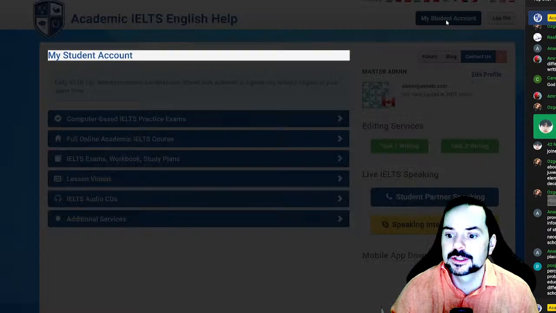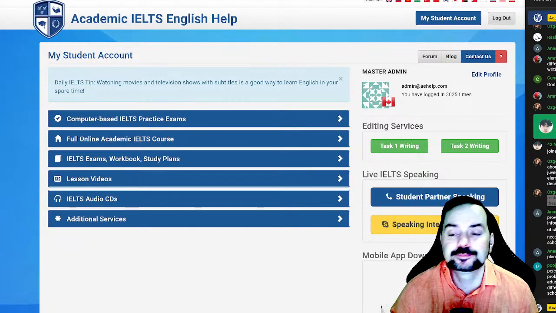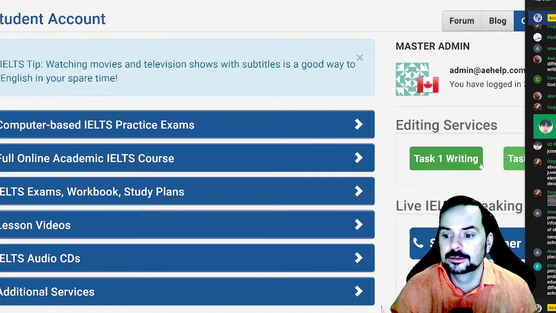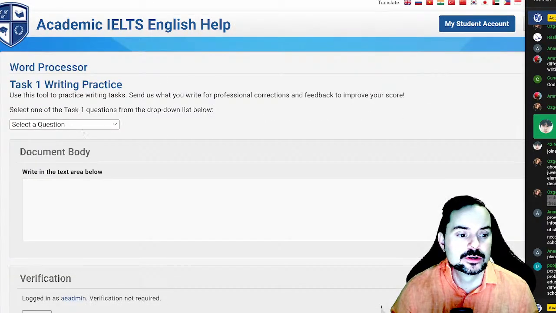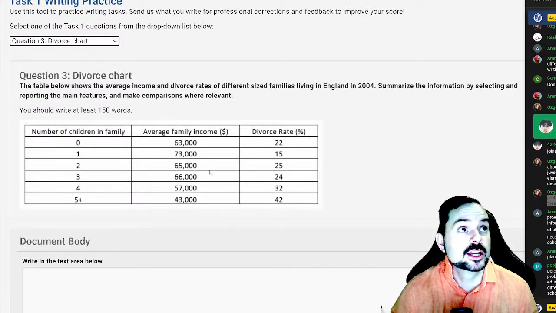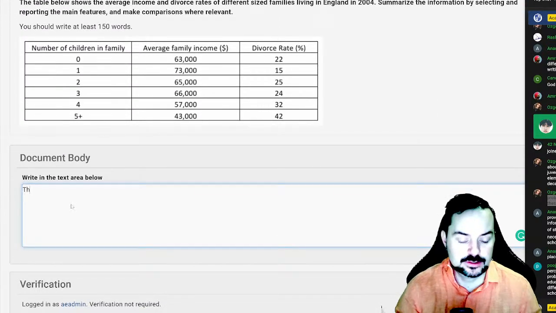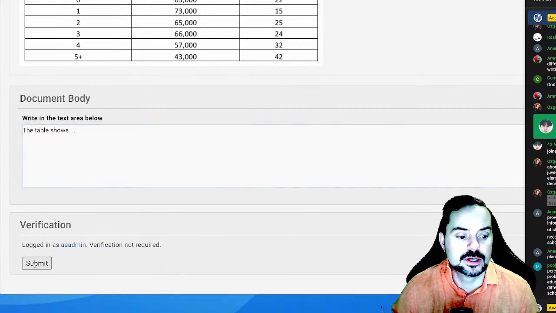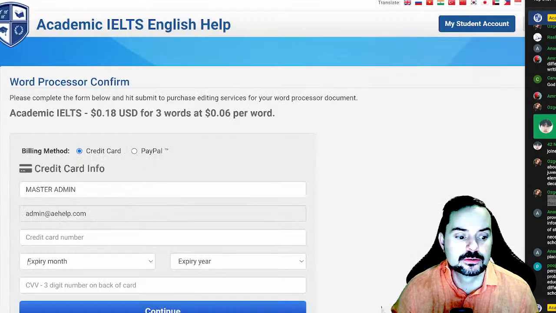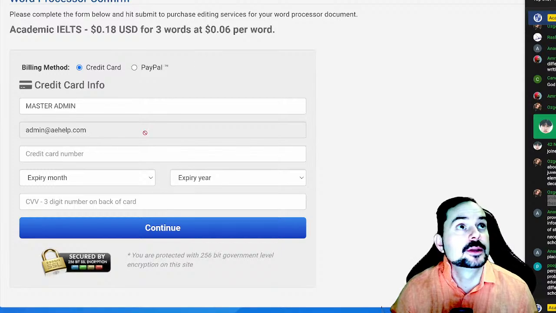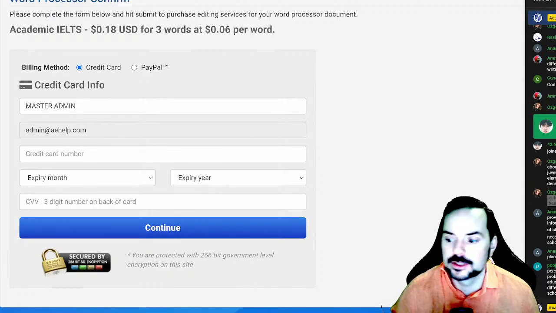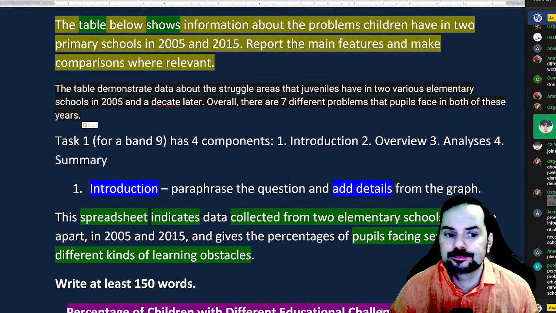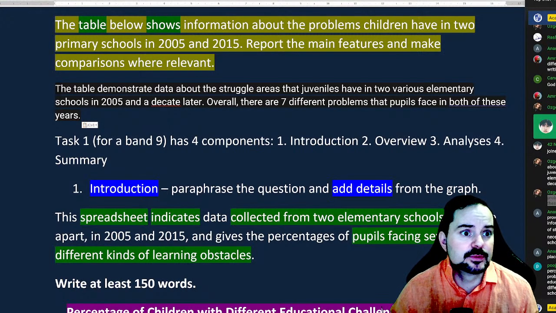So if you go to your My Student account, when you're logged in, you have these task 1 writing options there where you can choose a question, and then there's a table there, and you can write the table shows, and then dot dot dot, and then you can submit, and then it will ask you to pay, and then once you pay, then you get your work edited. So you can get your work edited there, okay? All right, and the editing looks something like this with comments.